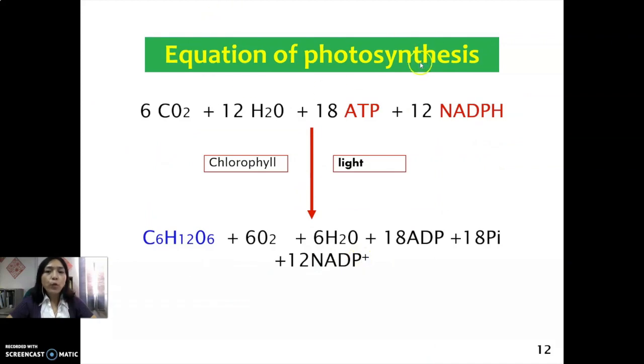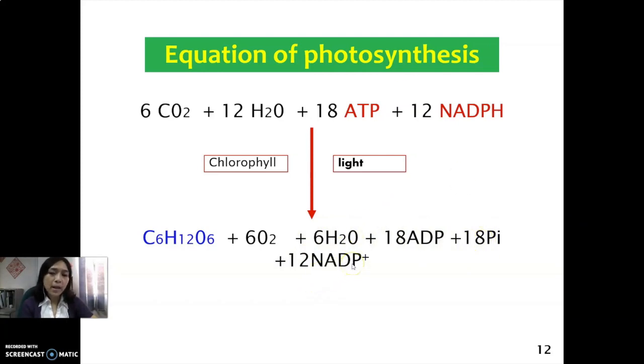The equation of photosynthesis: 6CO2 plus 12 H2O plus 18 ATP plus 12 NADPH, with light energy, by using chlorophyll pigment to absorb the light energy, can be converted into C6H12O6, which is glucose, plus 6 oxygen, plus 6 water, plus 18 ADP, plus 18 phosphate, plus 12 NADP+.